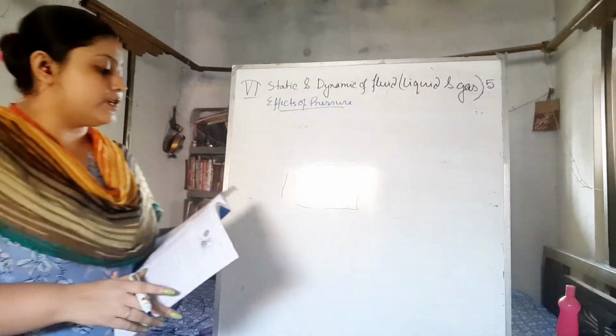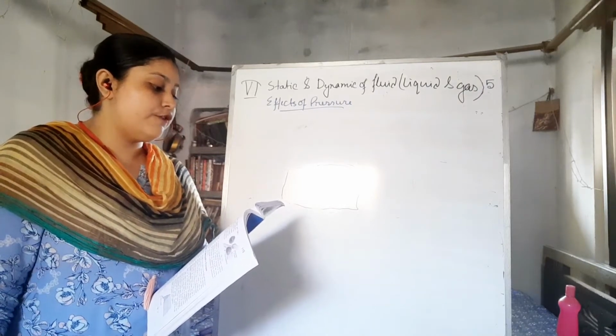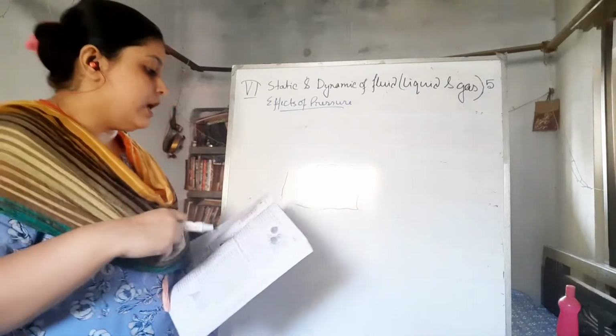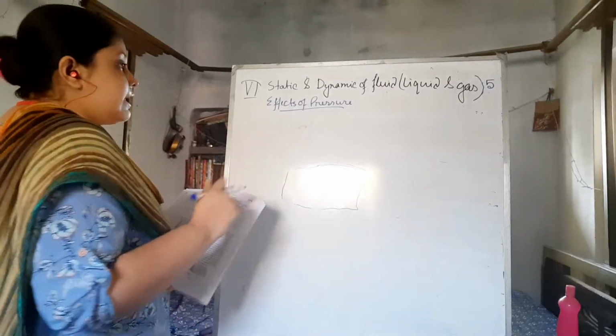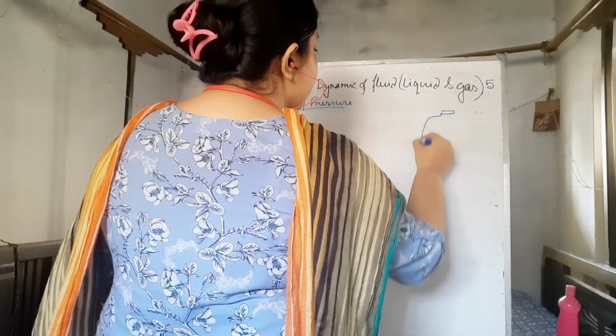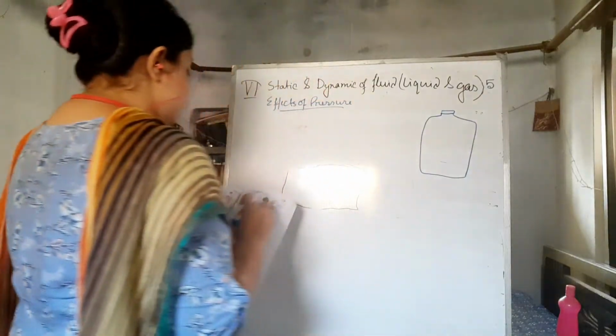Okay, so first, the pressure increases with the depth of a liquid from the free surface. So let us prove that first. We took one bottle, like one previous example I told you.